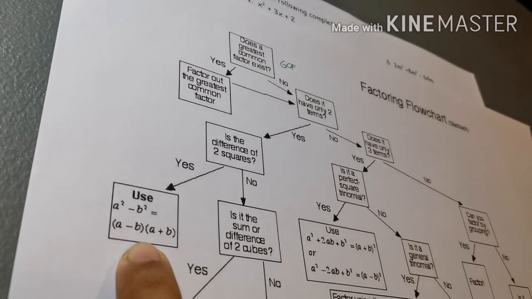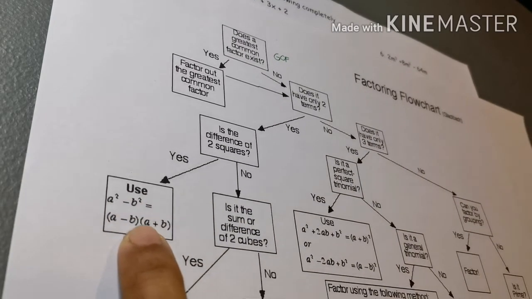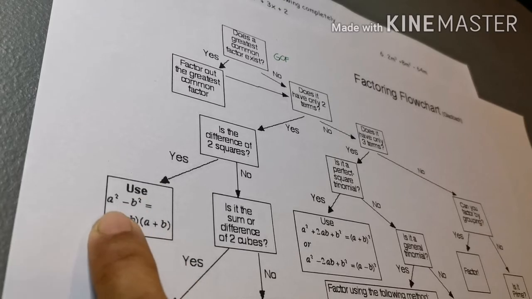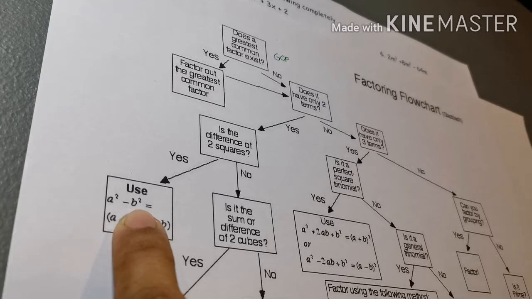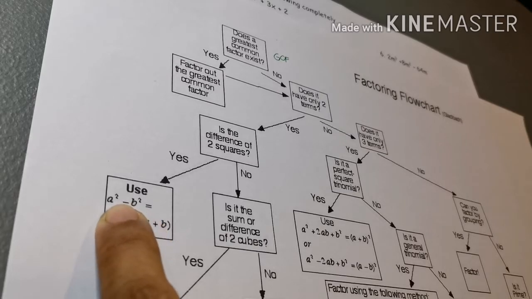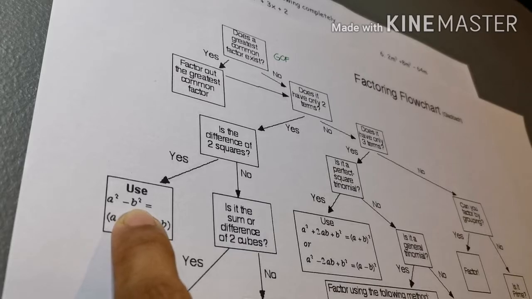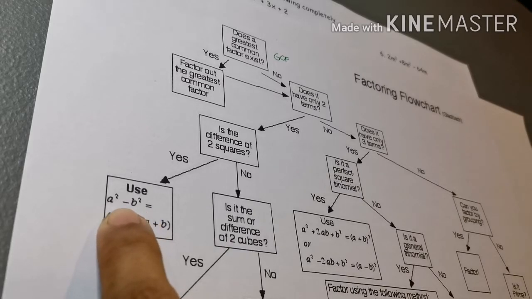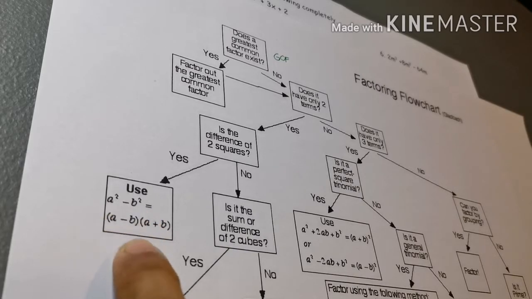I know you are already familiar with this. The first term should be a perfect square, the second term should be a perfect square, and the operation is subtraction. The factors are a minus b times a plus b.